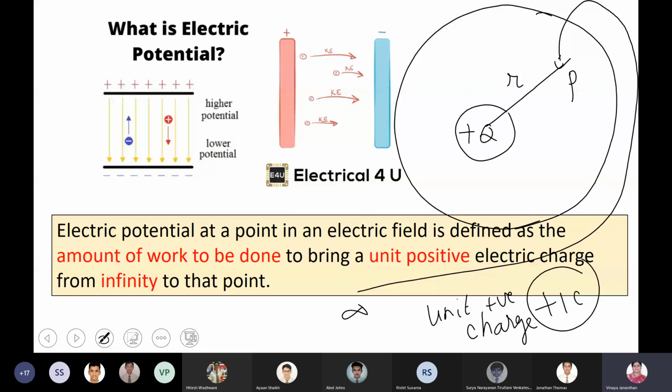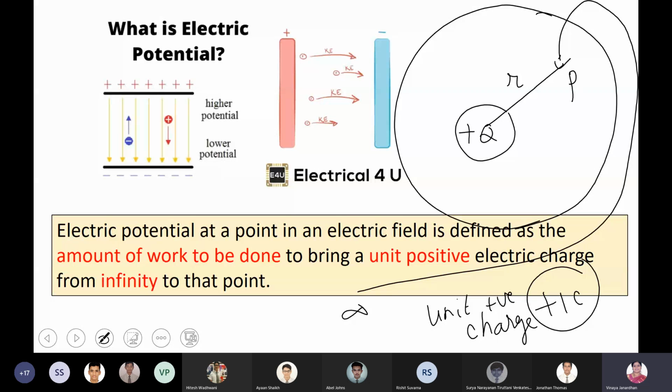Because look at this, both are positive charges. If I'm bringing this charge closer to this charge, will there not be a repulsive force? So you have to do work against the repulsive force. So whatever work you do will be stored as the potential in this charge at point P.